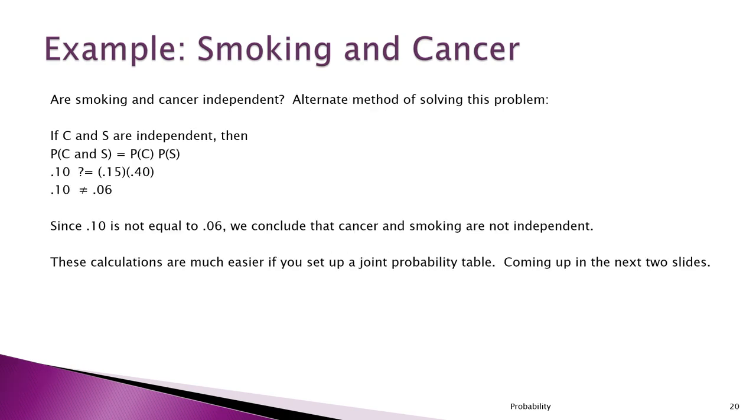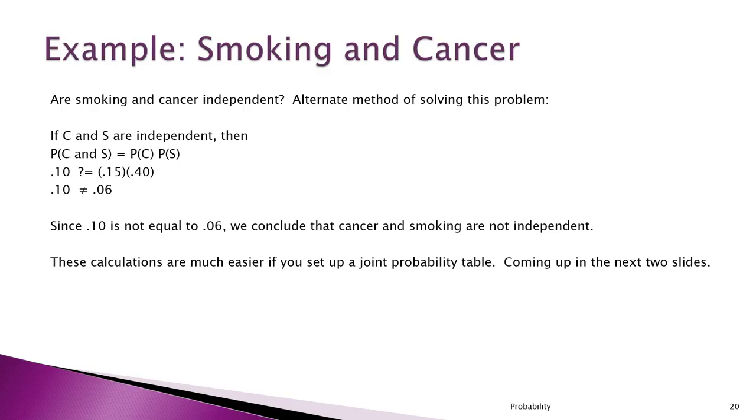Here's another way you can determine that cancer and smoking are not independent. If cancer and smoking are independent, then the probability of C and S is equal to the probability of C times the probability of S. Remember, that was the formula for independent events we did with A and B. The probability of A and B is the probability of A times the probability of B if they're independent.